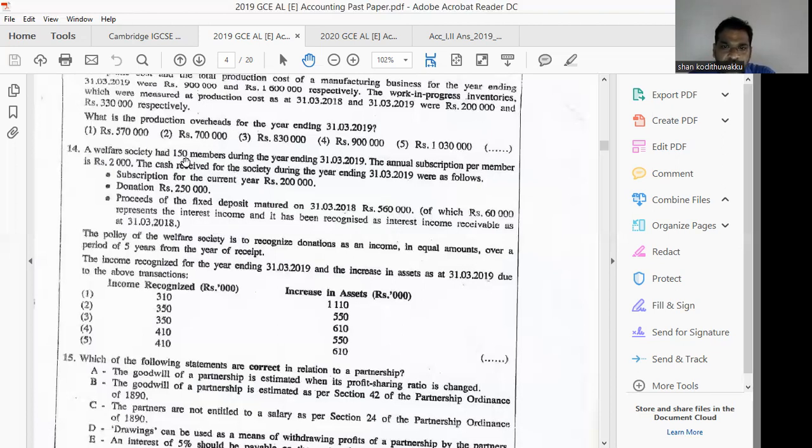That is 30 lakhs. That is the relevant member fee income.